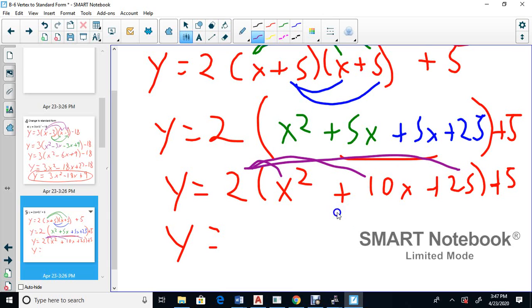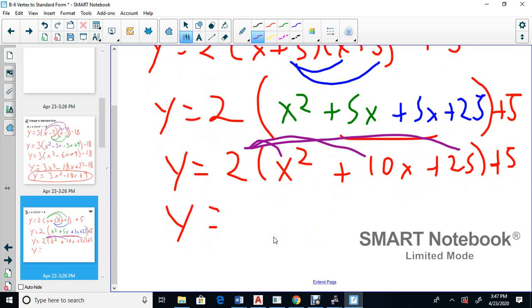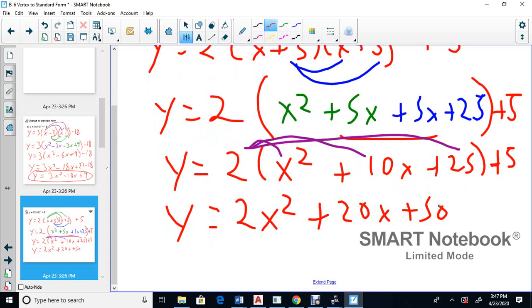So you multiply all these by 2, so you get y equals 2x squared plus 20x plus 50. Just don't multiply that last number, just plus 5. At the end, don't multiply that 5 by the 2.